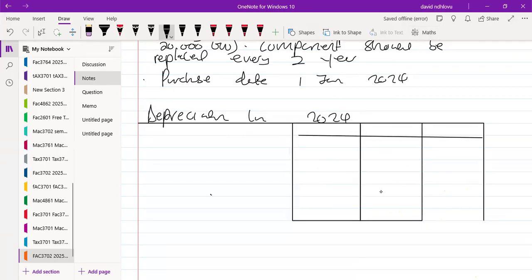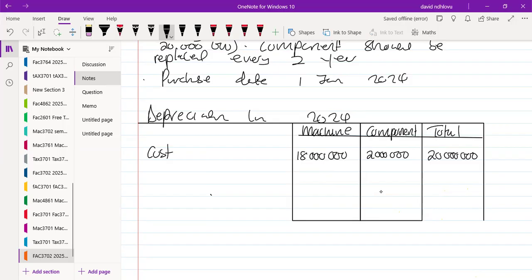So we separate the machine, the component, and we have our total. Then we say, what is the cost? Remember, the total cost here was 20 million. However, the component price is included in that, and it's 2 million, which means the machine without the component will therefore be what? 18 million.